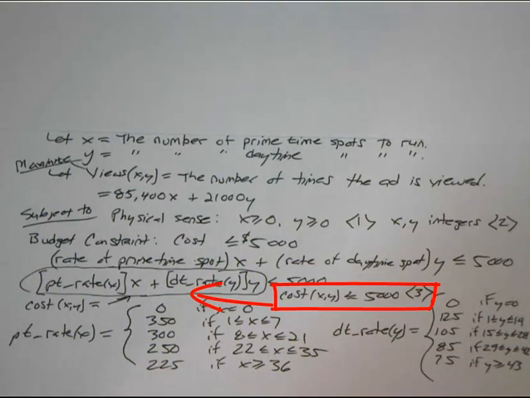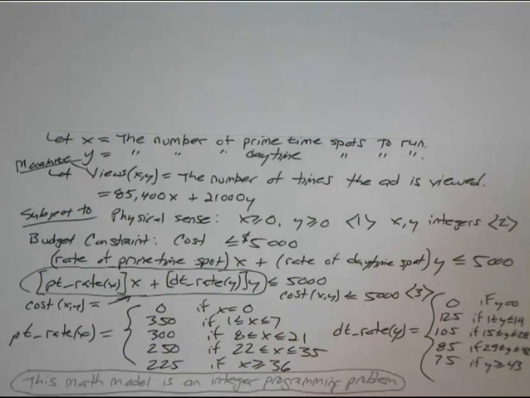So, in summary, it looks like this math model is an integer programming problem. Okay, so we make a note of that. Having decided that, it's time to think about what strategy we want to work on to get this resolved.